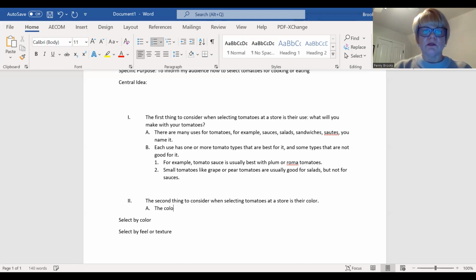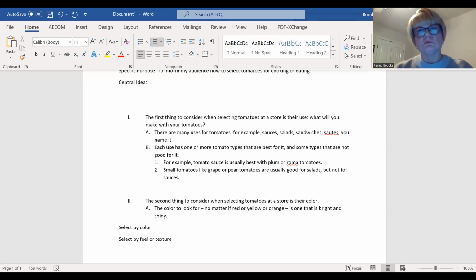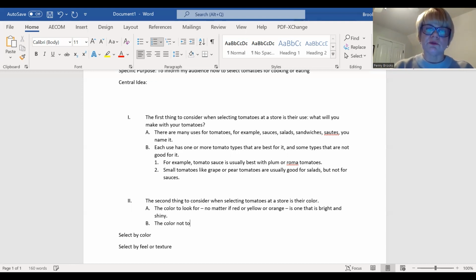The color to look for, no matter if red or yellow or orange, is one that is bright and shiny. That's a sentence. Let's say the color not to choose is one that is too light or too dark.